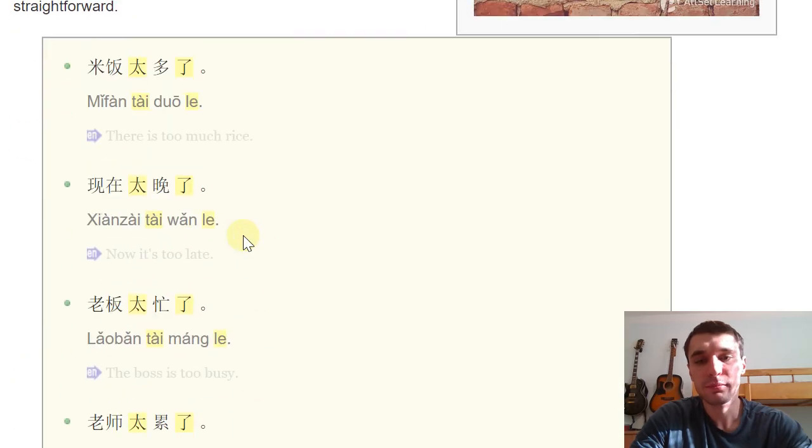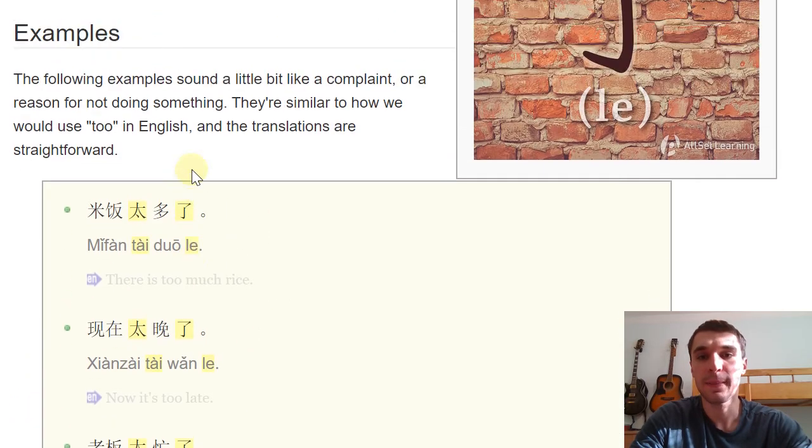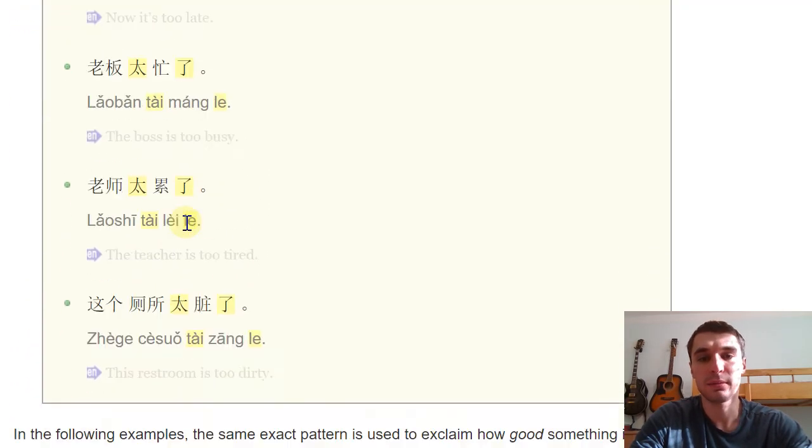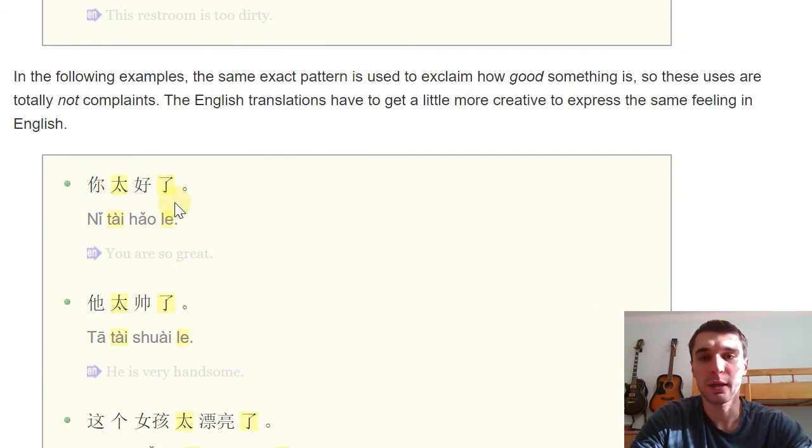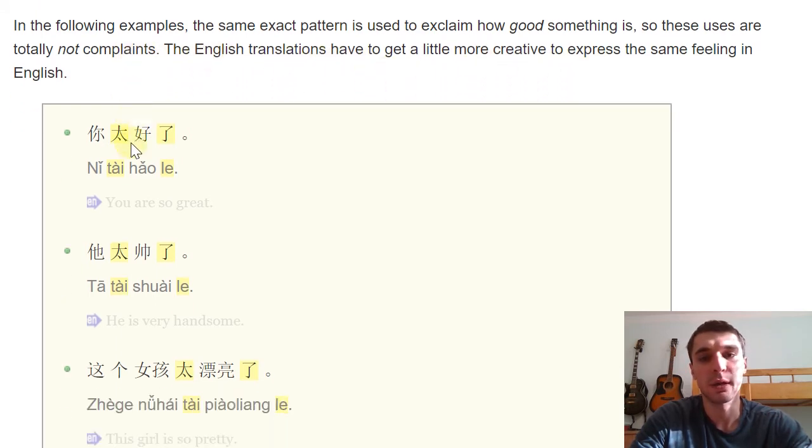So everything here is about complaint, as we read before. Okay? In the following examples, the same exact pattern is used to exclaim how good something is. So these uses are totally not complaints. The English translations have to get a little more creative to express the same feeling in English.